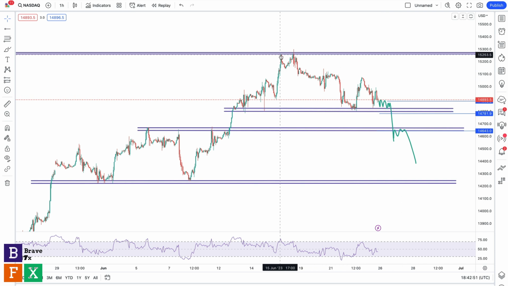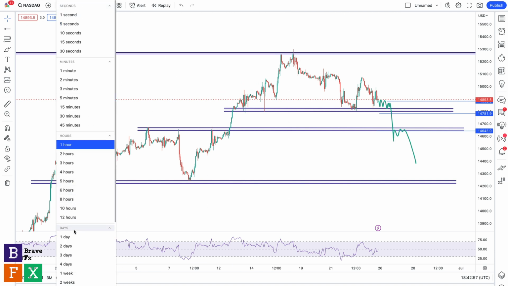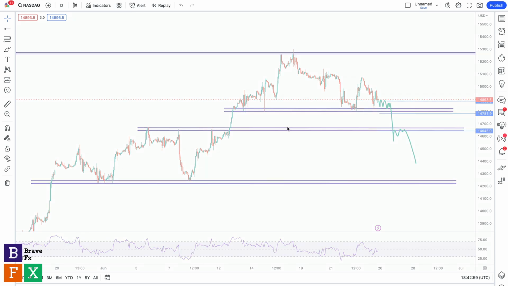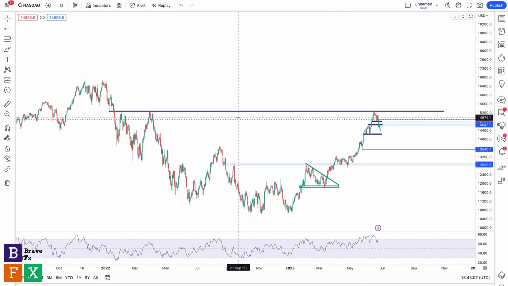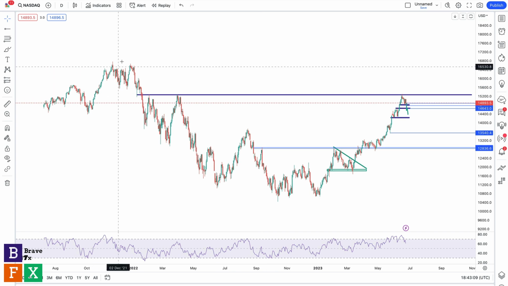But right now, it's clear that this is a significant resistance level, and the overall trend on the daily time frame still remains a bearish trend. So that is why we are taking the sell trade. I'm going to the daily time frame now to show you what I'm talking about. On the daily time frame, you can see we had a high, this is a high, a lower high. We haven't taken out these highs yet.